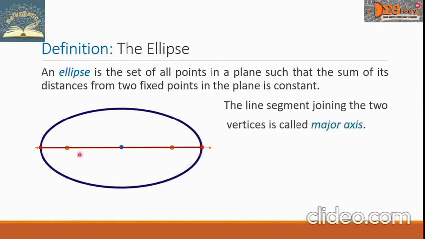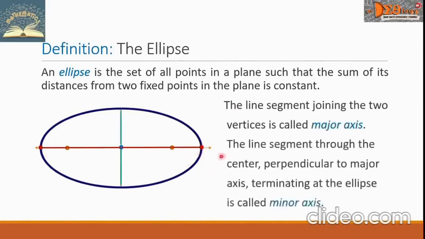This line segment in red is the major axis. The line segment through the center, perpendicular to the major axis, terminating at the ellipse, is called the minor axis. This line segment in green is the minor axis.